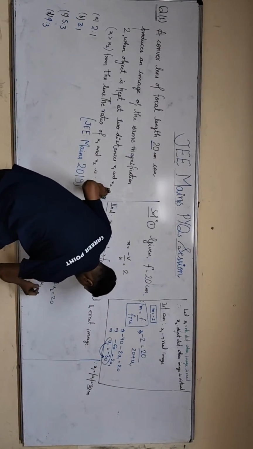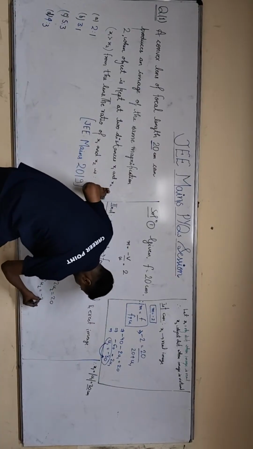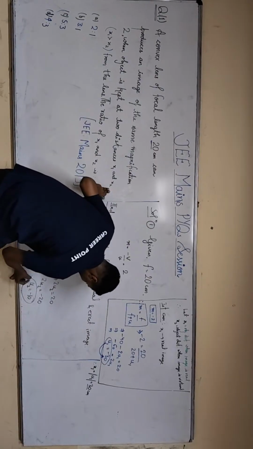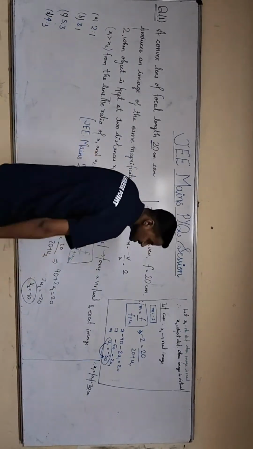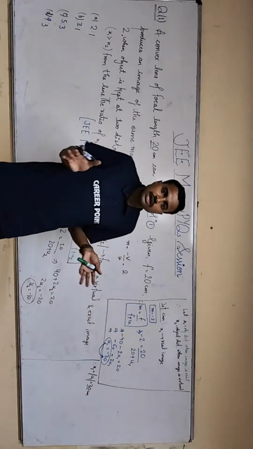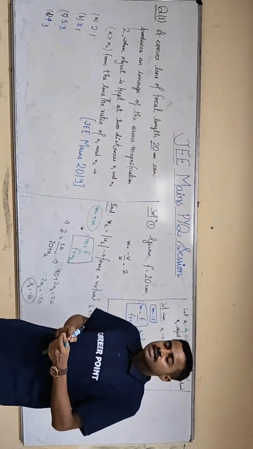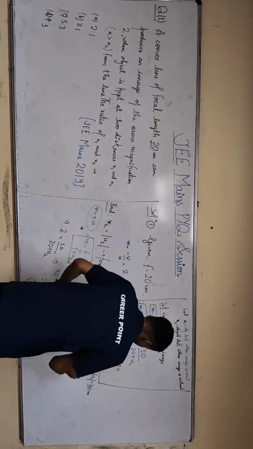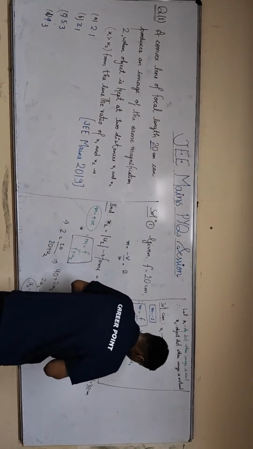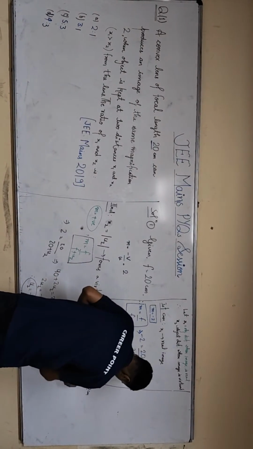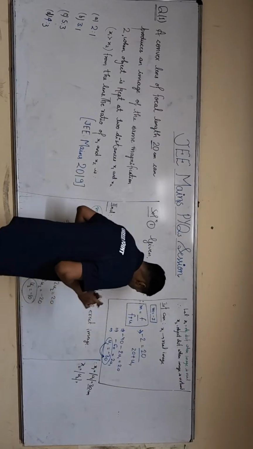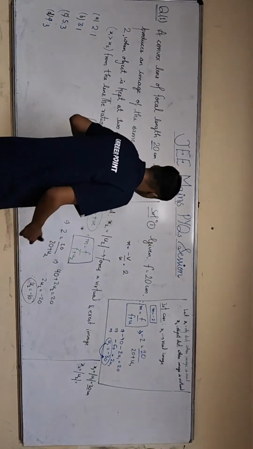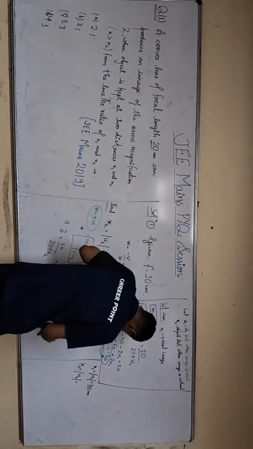So 2u2 is equal to minus 40 plus 20, which is minus 20. u2 becomes -10. Again, u2 is nothing but the object distance, and whenever we calculate the magnitude, it is always positive. So x2 becomes the mod of u2, which is positive 10.